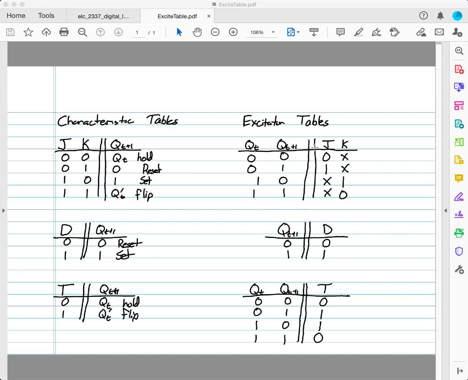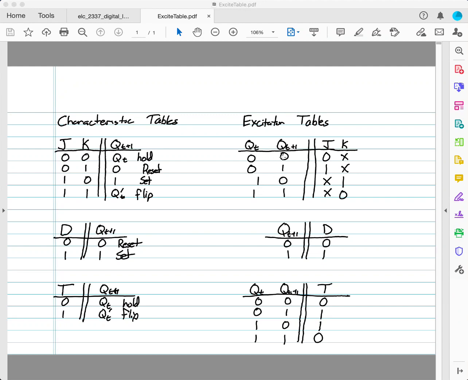Hopefully you can see my mouse here, but if not, all I'm doing is circling over the JK excitation table, the upper right-hand table here. You can see we've got QT to QT plus 1, and we've got all the combos. QT starts at 0 and goes to 0, starts at 0 goes to 1, 1 to 0, 1 to 1.